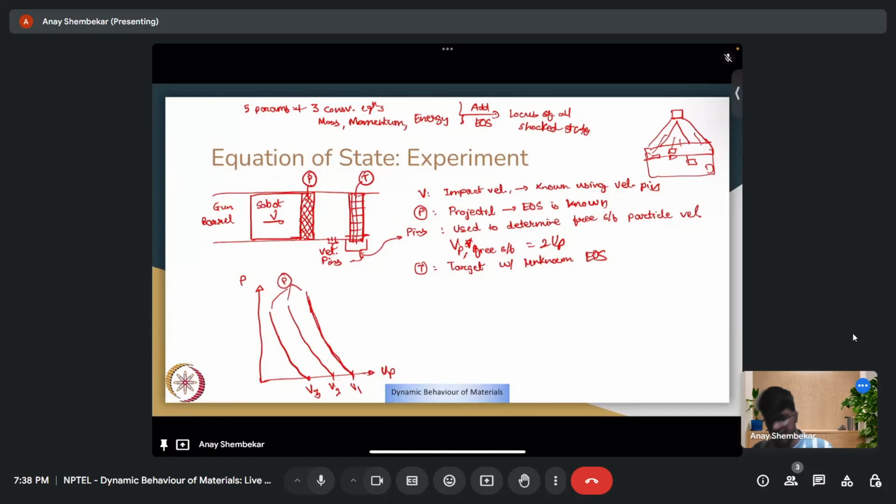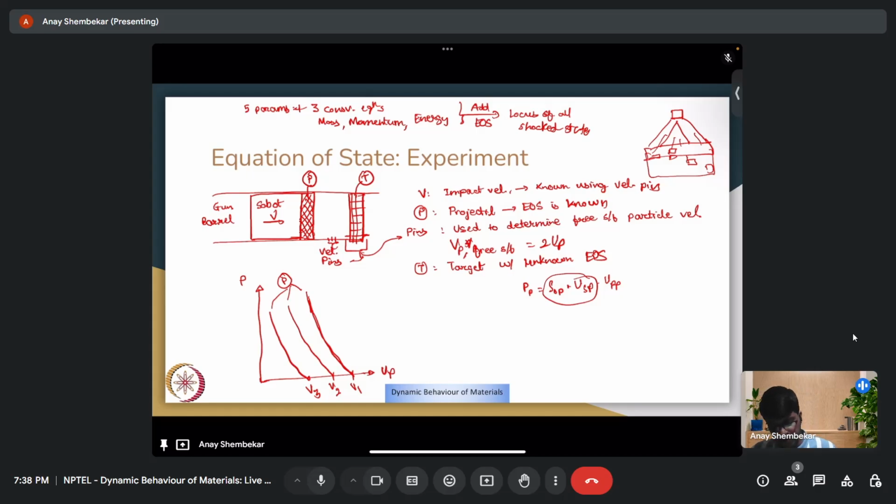These are all for projectile P. Next, we make use of Rayleigh lines, wherein, if you remember, you have the momentum conservation equation. This basically forms a slope between particle velocity and pressure.